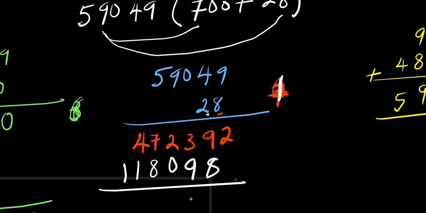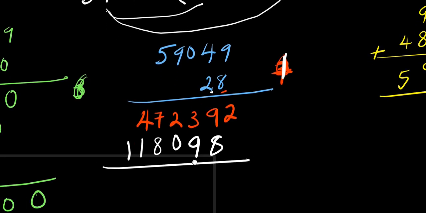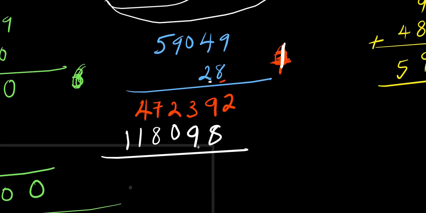So we add, and once we add, we have 2 here. This becomes 17. 7 carry over 1 up here. That is 4 plus 9, 13. 3 carry over 1 up here.